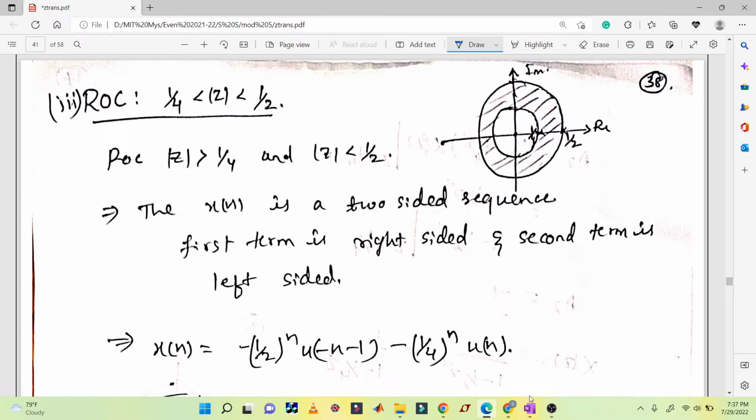I have clearly written the ROC is z greater than 1 by 4, less than 1 by 2, then x of n is a two-sided sequence. The first term is right sided and the second term is left sided.